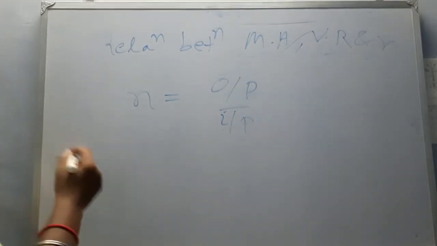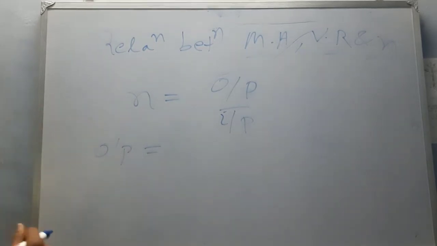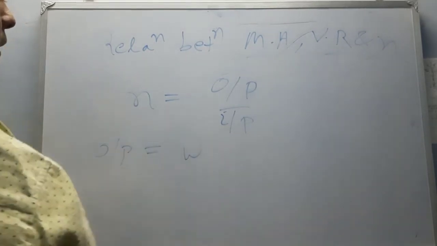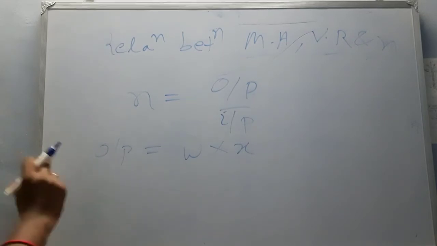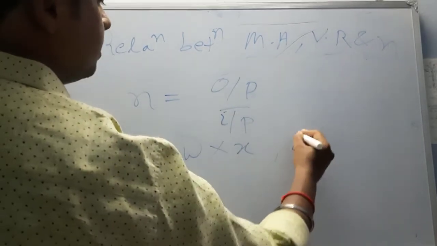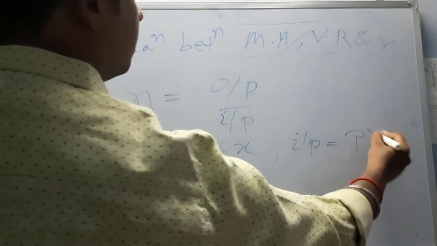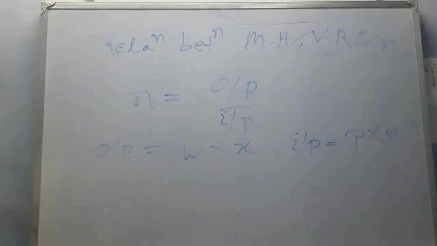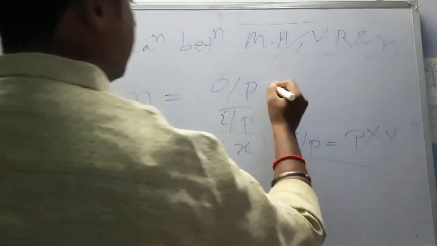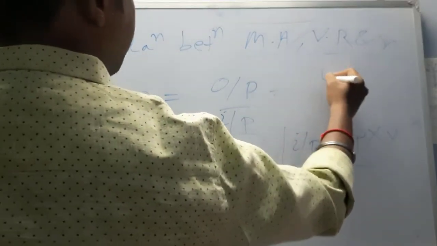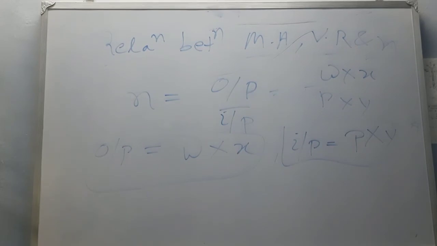Output of a lifting machine is the weight W into the distance travelled by the load, X. And input of a machine is what we are giving, that is effort P multiplied by the distance travelled by the effort, Y. If we put these two values in this equation, we get W into X by P into Y.